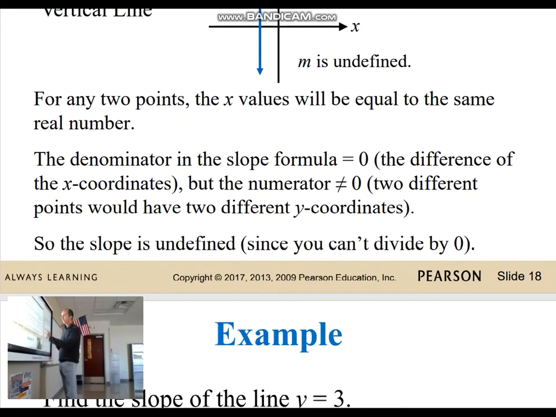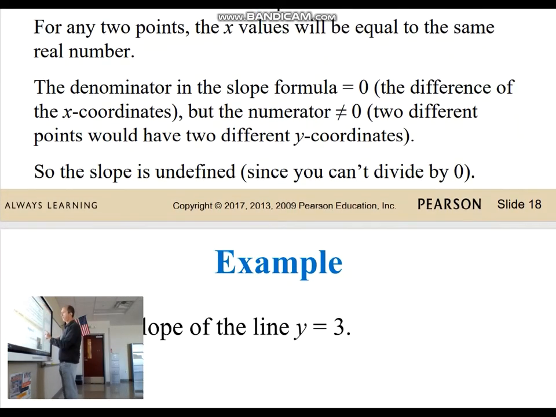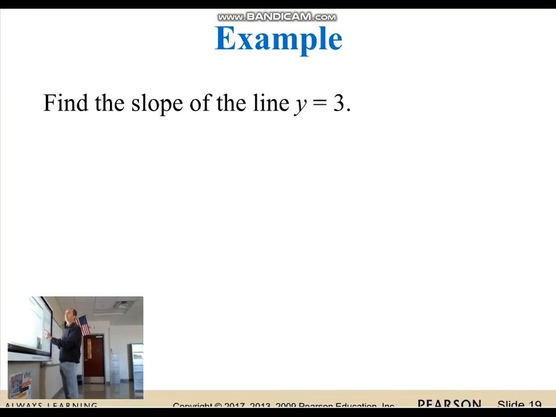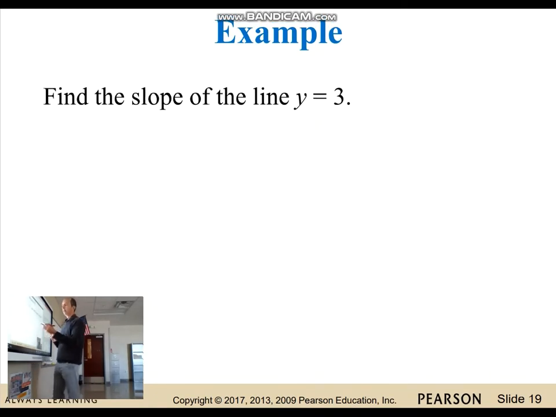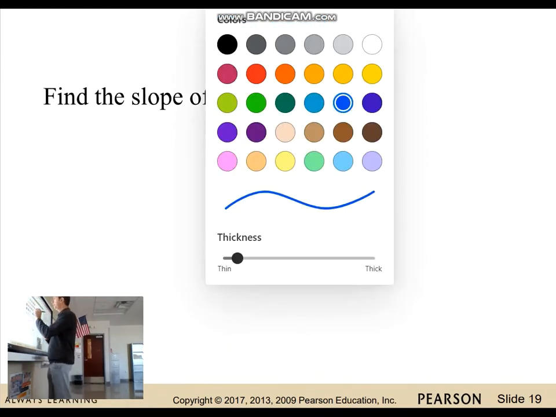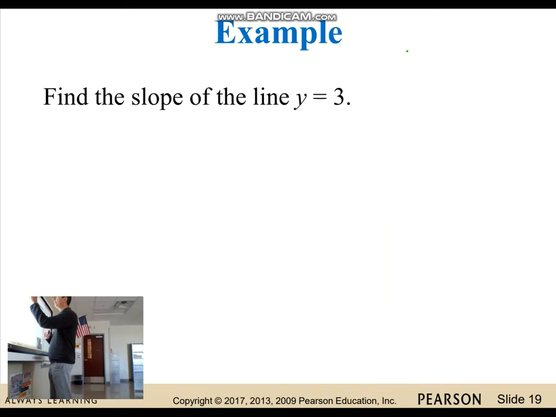Now we have another example. The question here is, find the slope of the line y equals 3. Let's do the same exercise. If x equals 0, y is equal to 3.